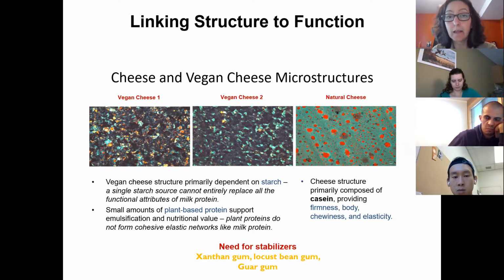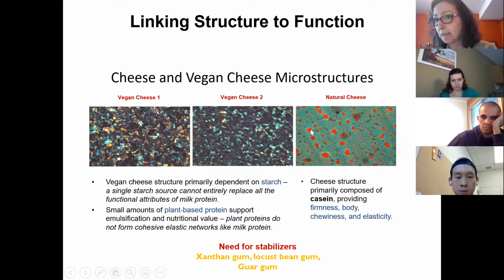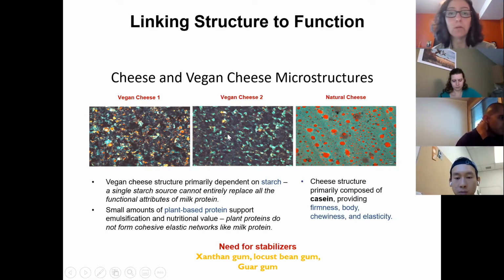This is the CLSM image. In the CLSM image, you can see the protein stains as green, the fat stains red. So there are certain dyes that you use. You can see the red as oil droplets, the green is the protein, and the blue is the carbohydrate. So in vegan cheeses, you see the green, they're just there. They don't form a network, the plant proteins.